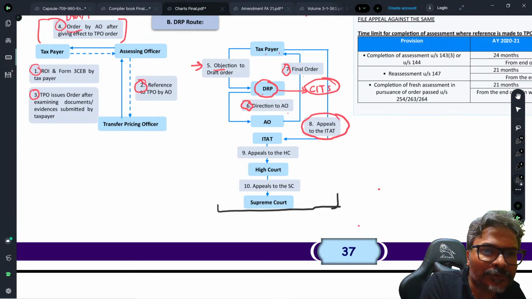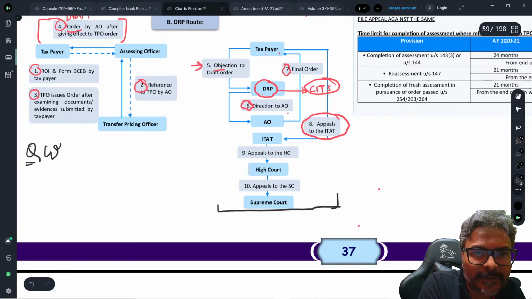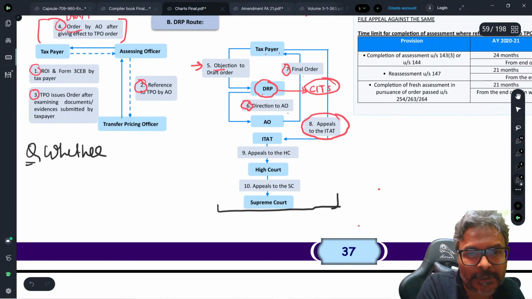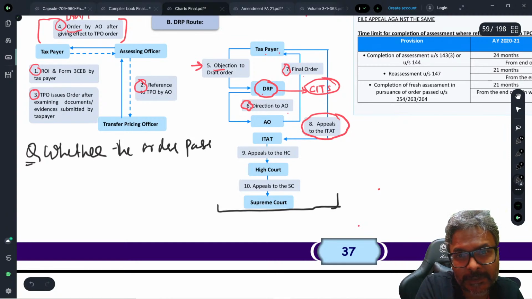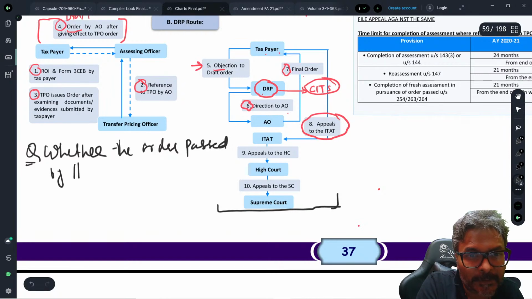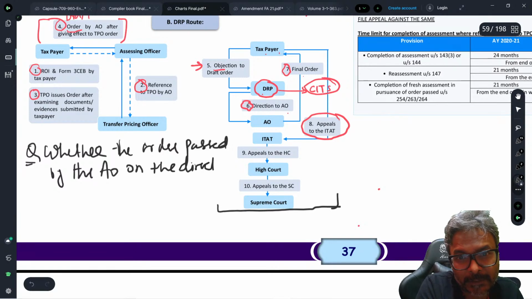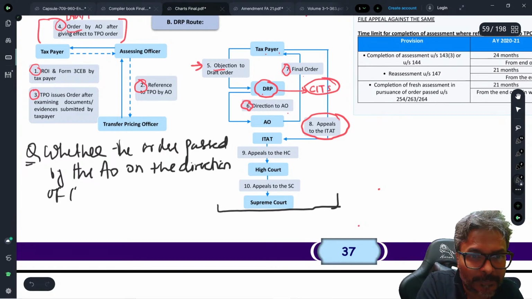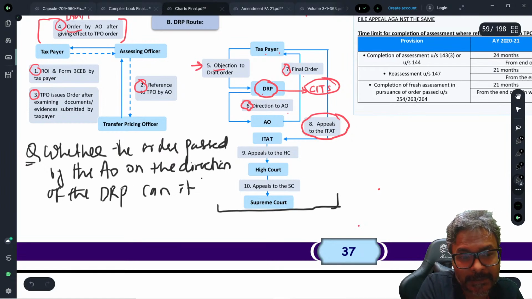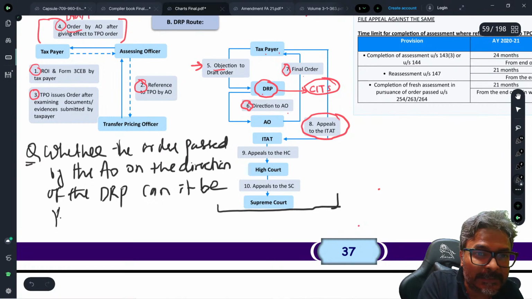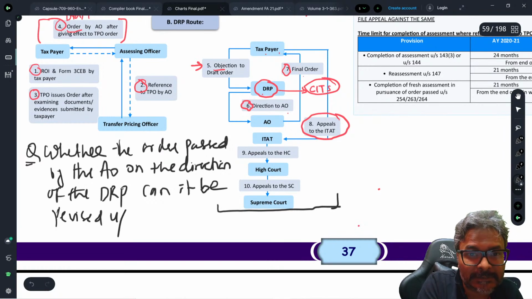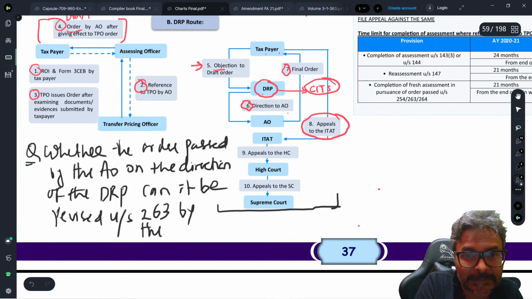So the question to all of you is this, be careful, expected May 22 question: whether the order passed by the AO on the direction of the DRP can be revised under section 263 by the CIT.